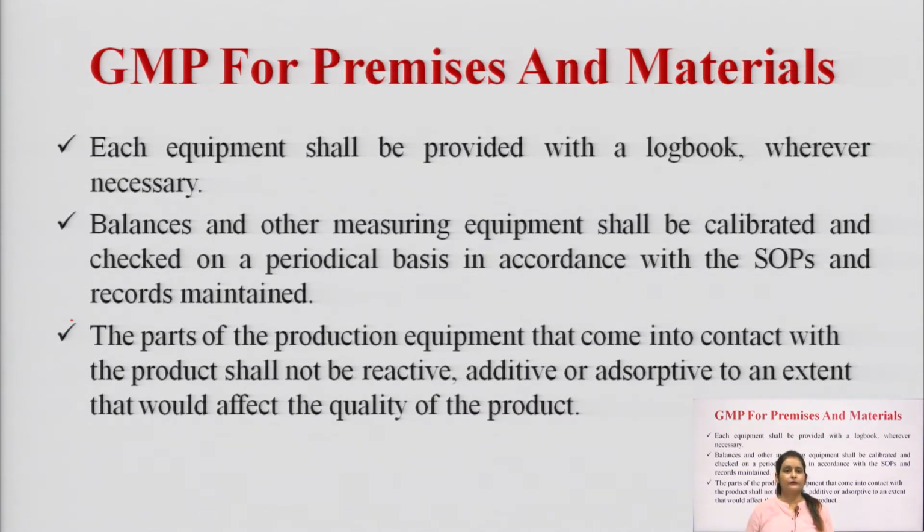If the part of the equipment comes in contact with the product, it shall not be reactive, shall not produce any kind of adverse reaction or adsorptive reaction to the extent that would affect the quality of the product.